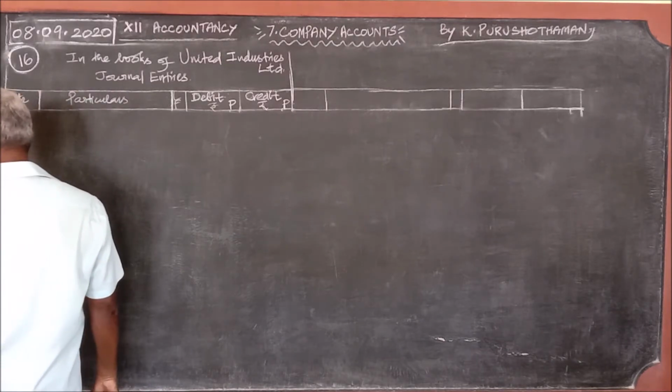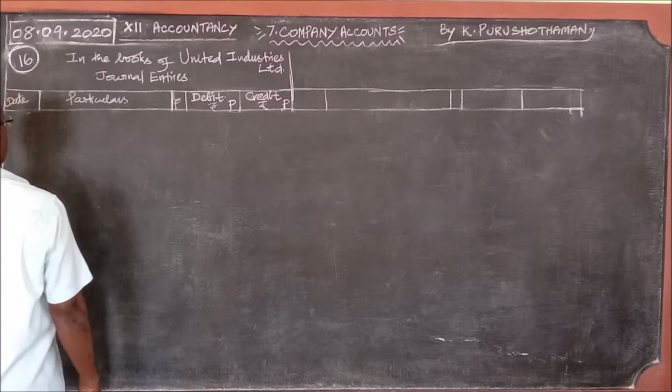Number one, Manoj, who holds 250 shares, failed to pay the second and the final call.